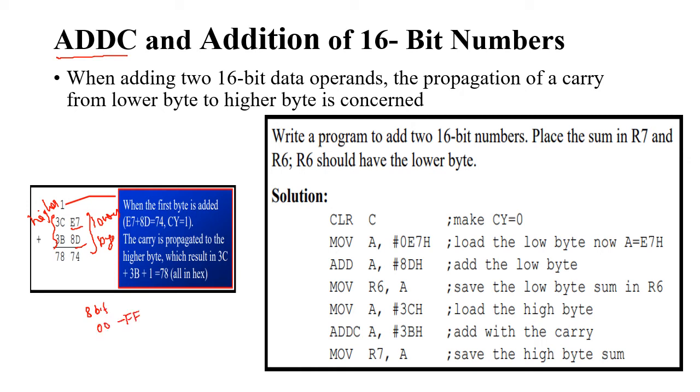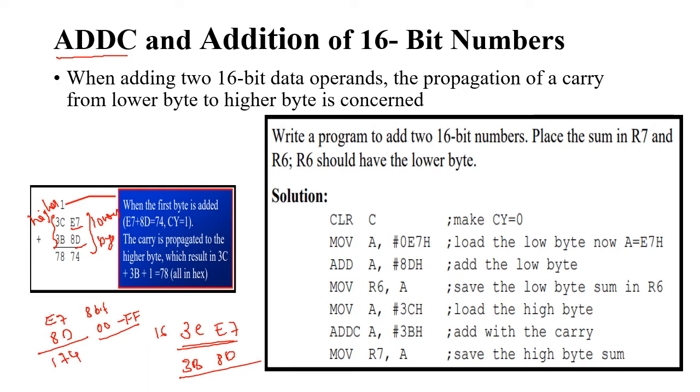But if you want to add data of 16 bits, for example 3C E7, which is a 16-bit number, and similarly 3B 8D, which is also a 16-bit number, now when you add the lower bytes E7 and 8D, the answer you get is 174.